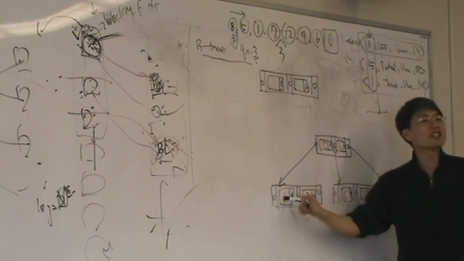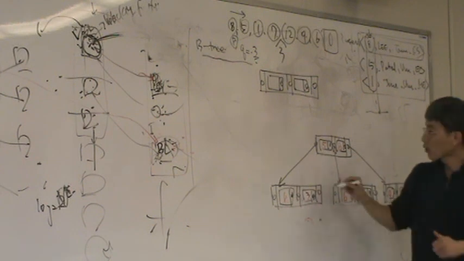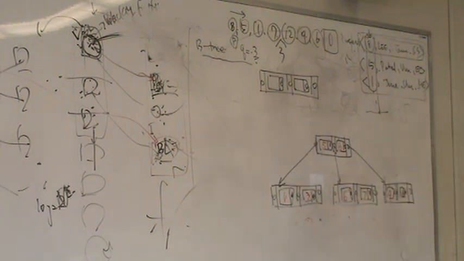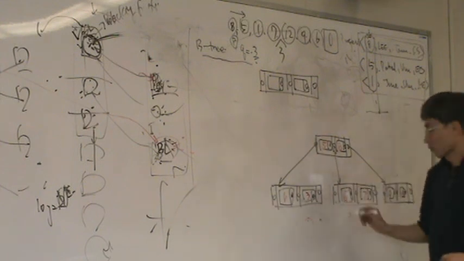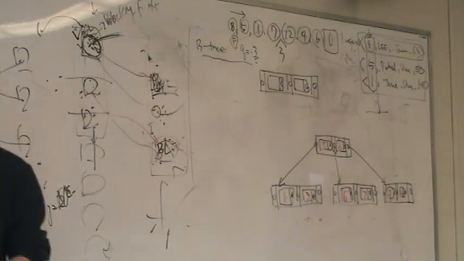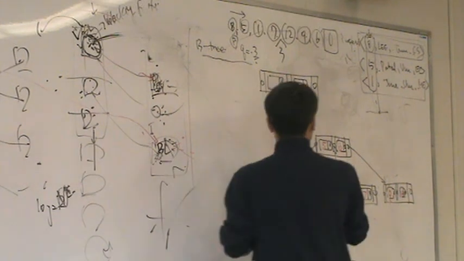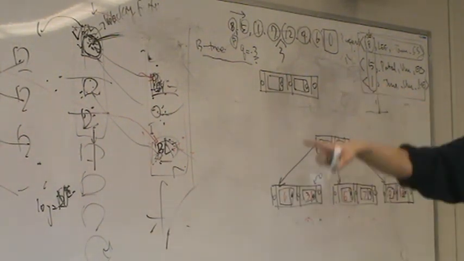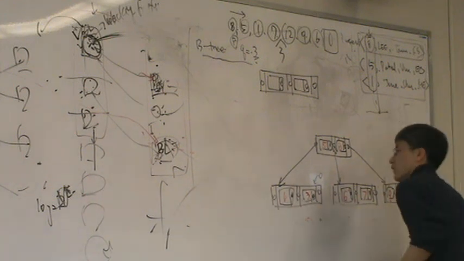0 is supposed to be here, but unfortunately, no space. So 0, that's the red one. It's full. So in case of full, you need to split. So copy.